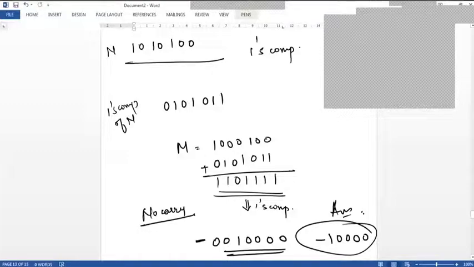Okay, so we saw both the methods, in which one example was where we got a carry and the second example was where we didn't get a carry.